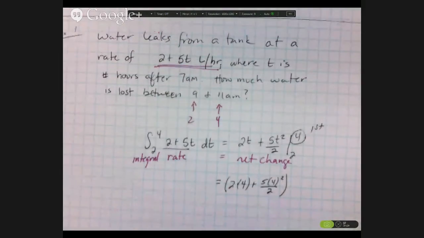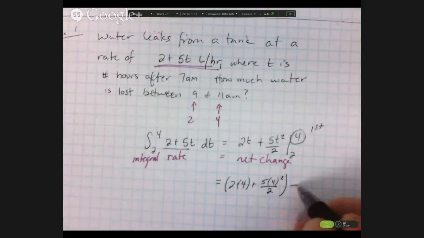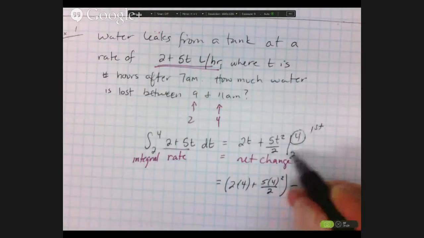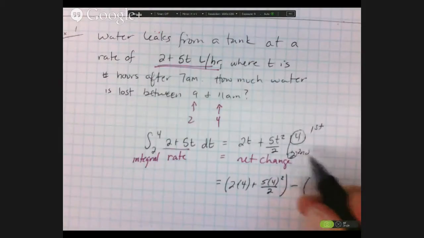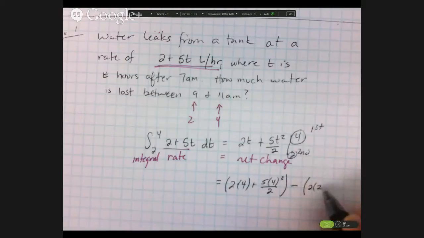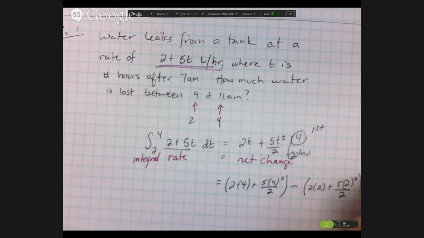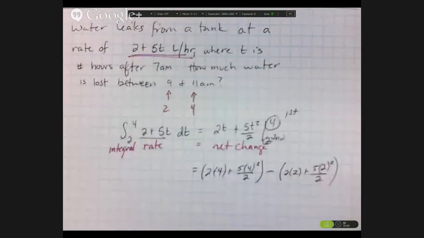Plug the 4 into both of them, minus the 2 in. Okay. It's not an uncommon mistake.